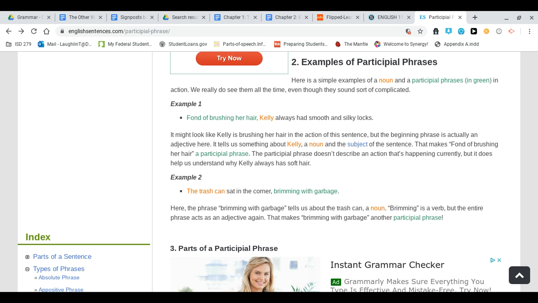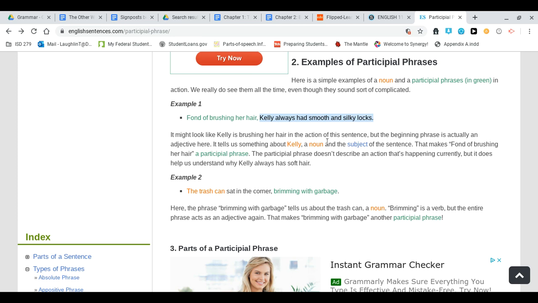If it was an appositive, it'd be something like Kelly, who constantly brushed her hair, always had smooth and silky locks. Okay, where Kelly would be separated from who was always brushing her hair by commas. Notice too that if you remove the green part, if you start with Kelly, you have a full sentence right there.